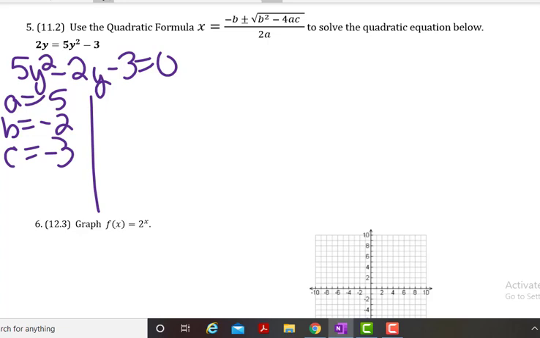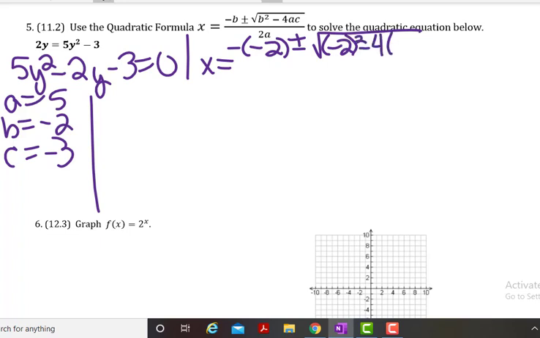Let's put the values into the quadratic formula. x is equal to negative b plus or minus the square root of b squared. Make sure that negative 2 is in parentheses, minus 4 times a times c, all over 2 times a.